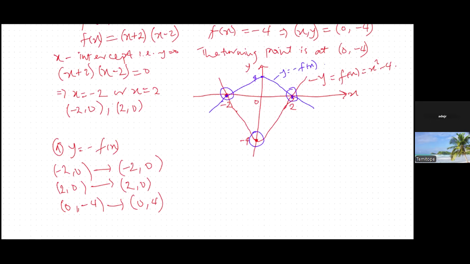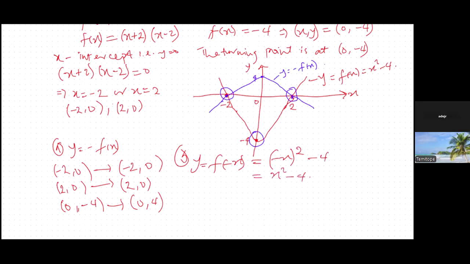Now, for B, y equals f of -x. What does that mean? It means that I'm going to substitute -x for x in the original function, which is x squared minus 4. So if I substitute -x for x and I take the square of that, it gives me the same thing, x squared minus 4.